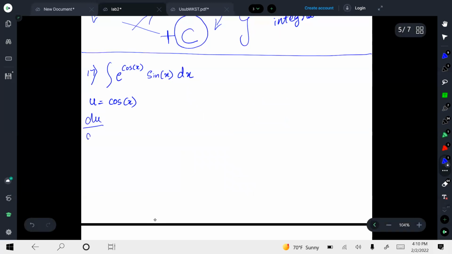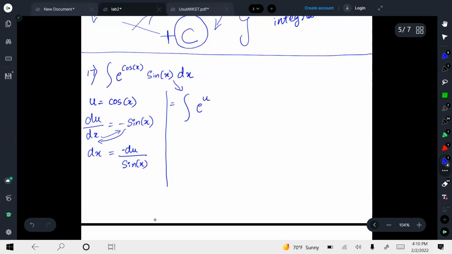Okay, now we will find the derivative. That becomes minus sin of x. Now we are going to interchange numerator with denominator. Dx will be du by negative sin of x. Okay, now coming back here, substitute here, this becomes e to the power of u.